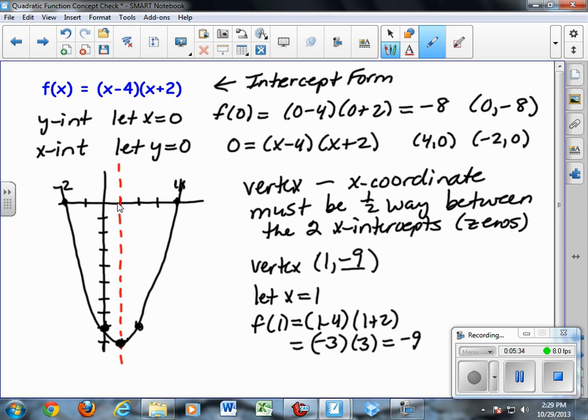I could find that by averaging those two numbers: 4 plus negative 2 divided by 2 is 2 over 2, which is 1. Once I know the x-coordinate of the vertex, I'm going to plug that into the equation to find the y-coordinate of the vertex. So that's how you graph using intercept form.